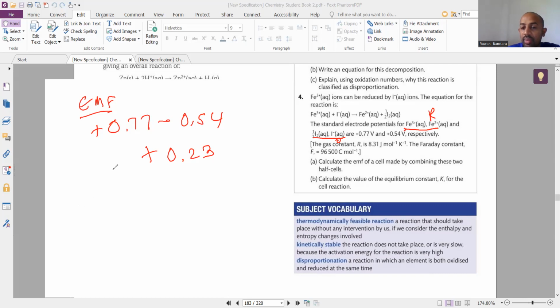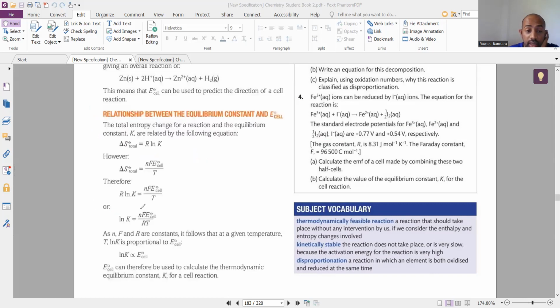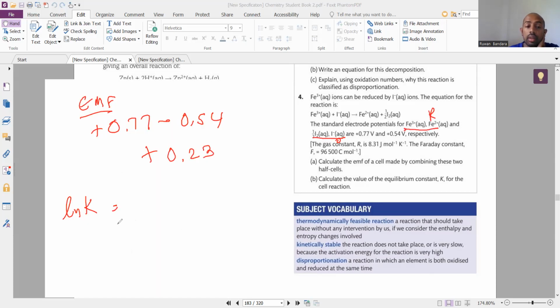Calculate the value of equilibrium constant K for the cell reaction. Now we know ln K is equal to, we have to take this relationship, N F E naught cell over R T. So R value is given, T is there, N. In this reaction, yes Rukaya, how many electrons are involved in this reaction?